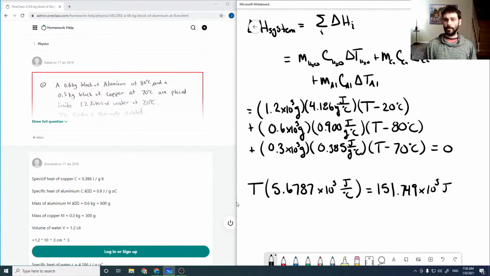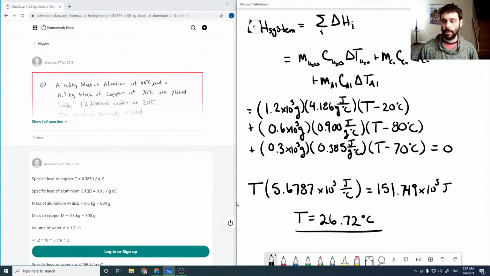Just collecting and rearranging to get to this point, so that we can solve for our final temperature as 26.72 degrees Celsius. And so there's our final temperature.